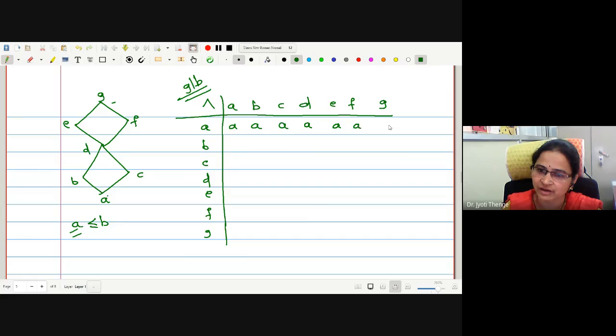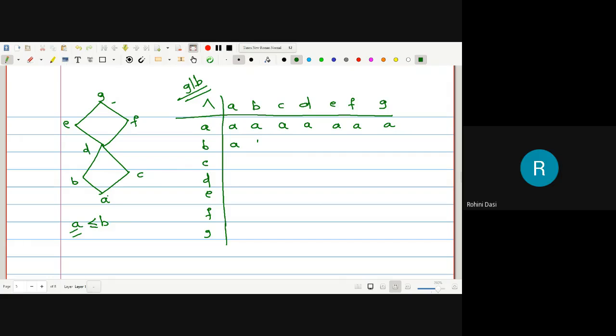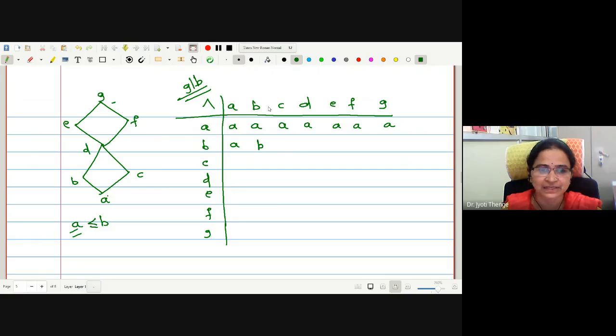Correct? Now B meet A, A. B meet B, B. B meet C, A. B and C lower bound is A. Correct. Next B and D, B. B and E, B. Now nothing to think again.